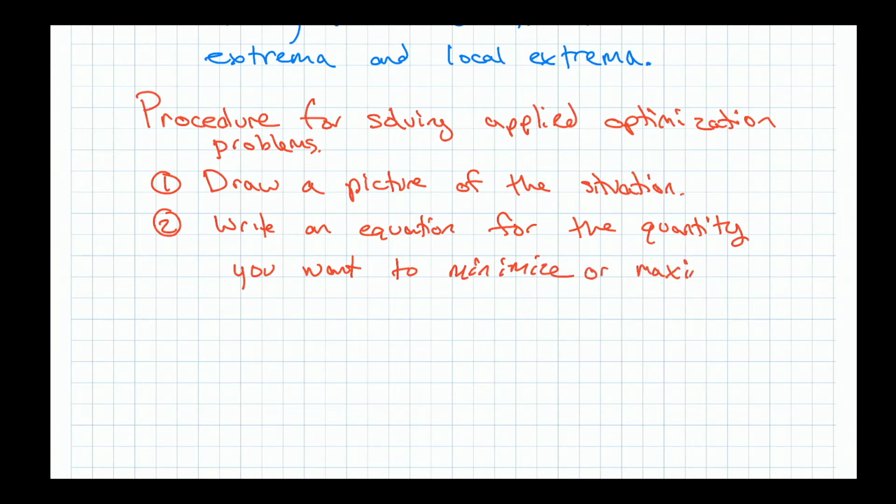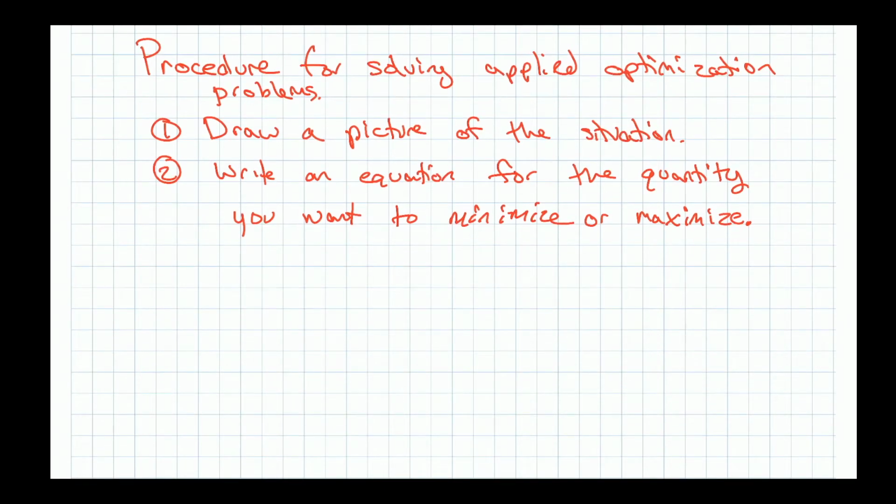In fact, if you take a class in optimization, they only teach you how to find minimums of functions pretty much. And then if you ever want to find the maximum of a function, you just take your function and put a minus sign in front of it. And now it's upside down. So you find a minimum of that, and it's actually finding the maximum of what you wanted to maximize. But minimum, maximum, same difference, right? You do it the same way. So write an equation for the quantity you want to minimize or maximize.